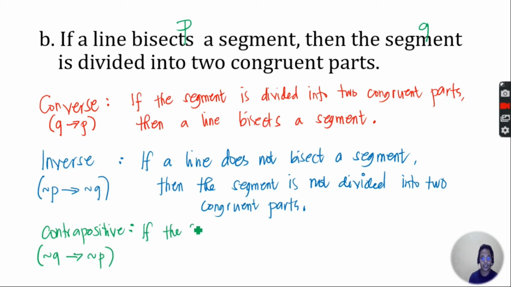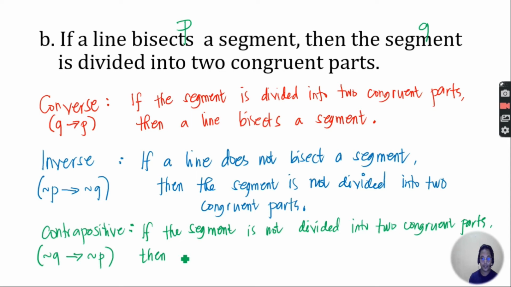If the segment is not divided into two congruent parts, then a line does not bisect a segment.